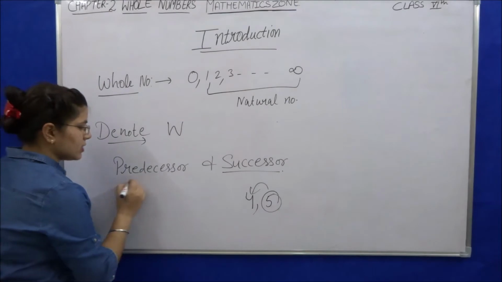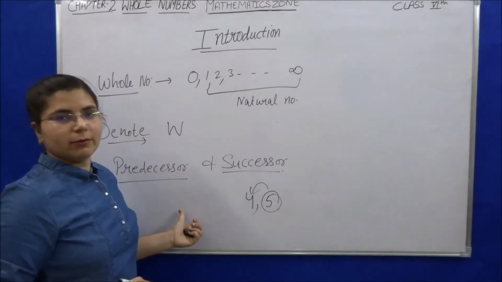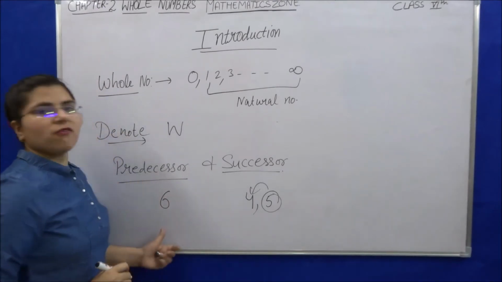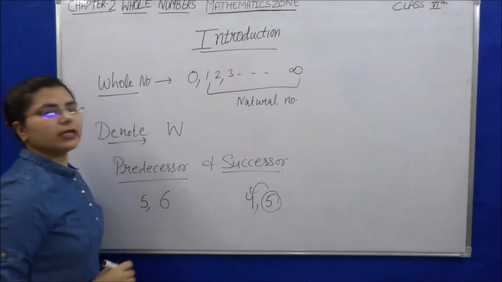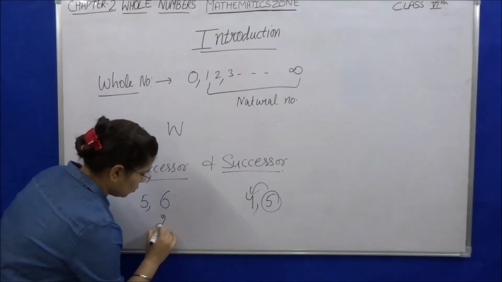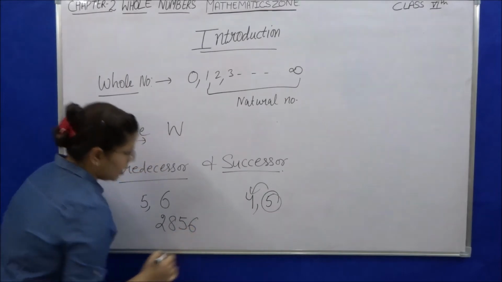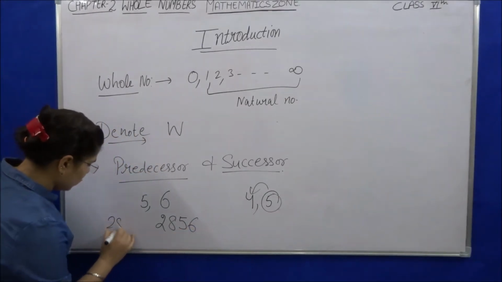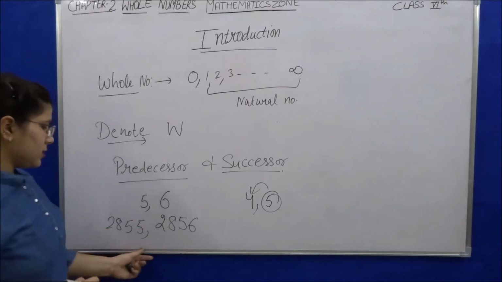Now predecessor is a number that is coming before that number. For example, if you want to find the predecessor of number 6, then it will be 5. Similarly, if we find a larger number like 2856, its predecessor will be 2855.